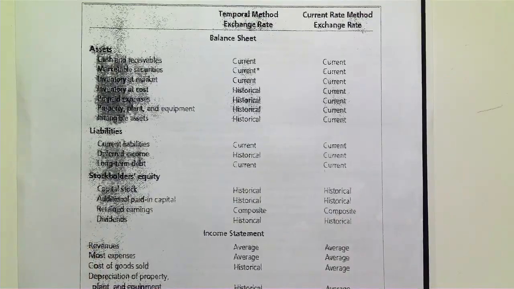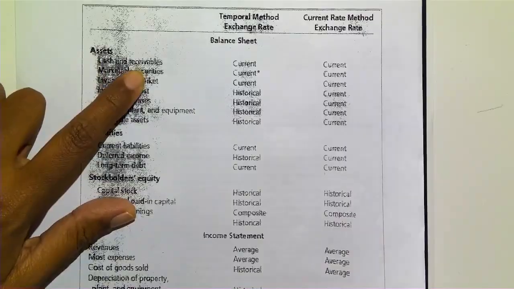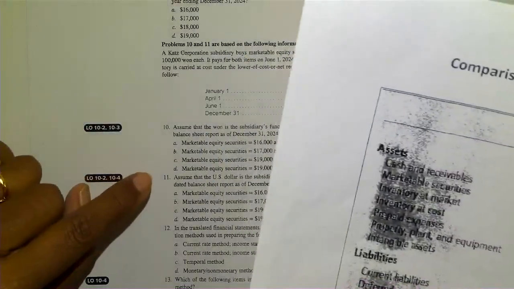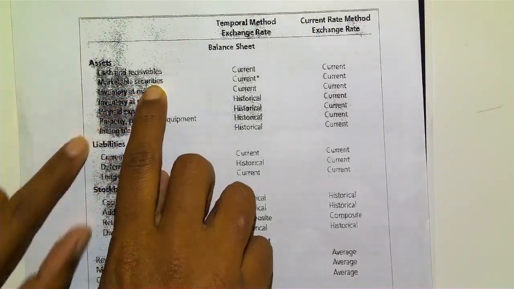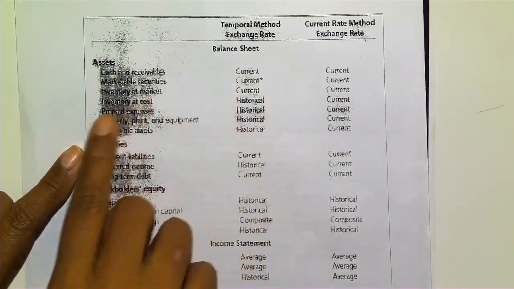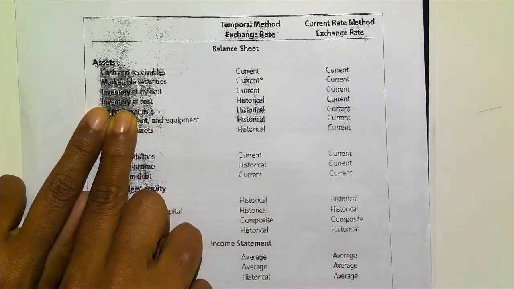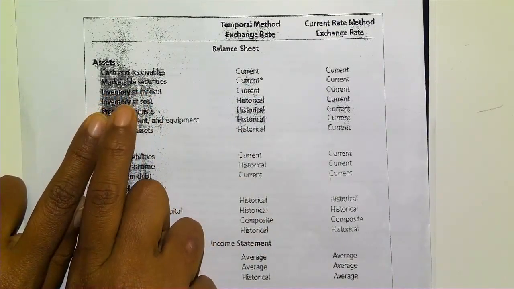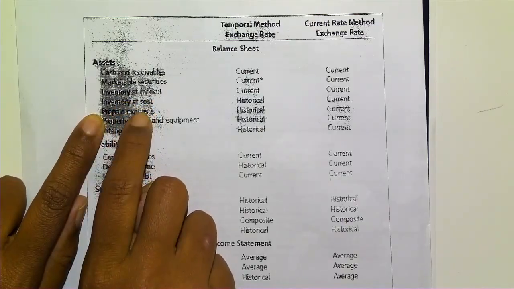And two items you have to convert. I'm sorry, it's very dirty here. One is marketable security, and the other item is inventory. Now, it's not clear, but if you read it on your slide, inventory could be recorded at market or at cost.